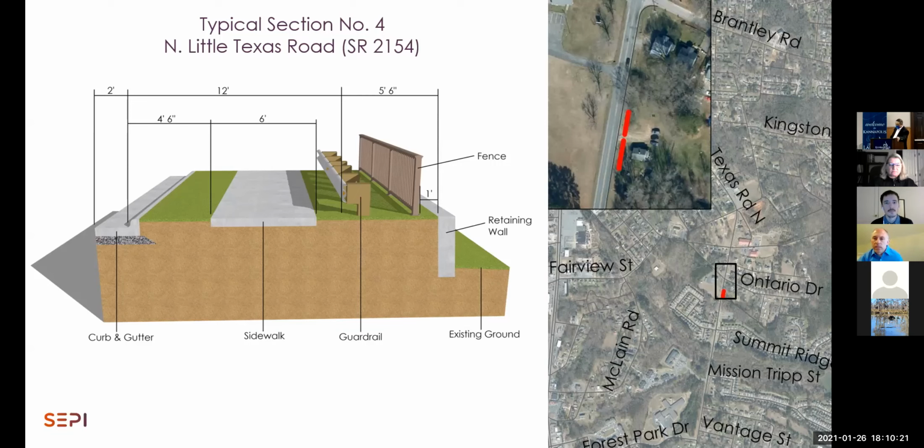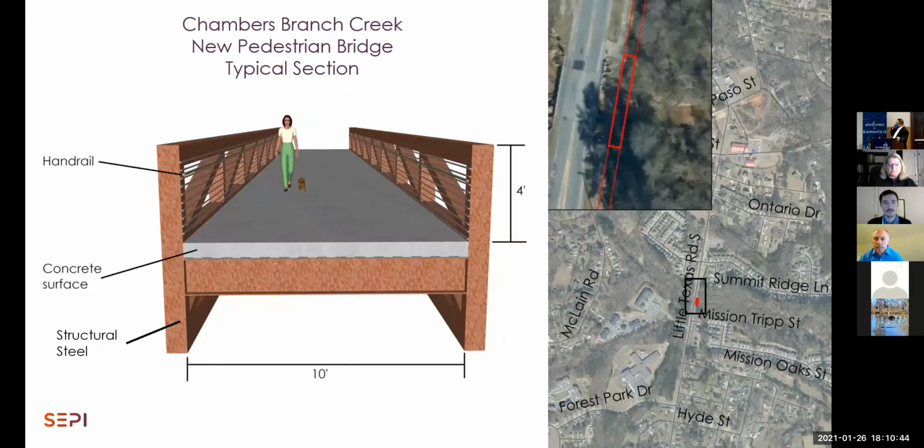And here you can see a rendering of what that wall will likely look similar to. In this area, we'll have some guardrail and some railing to protect both vehicles and pedestrians from the wall. So this section is a little bit constrained, and one that we felt like was important to point out in tonight's meeting. Next slide, please.